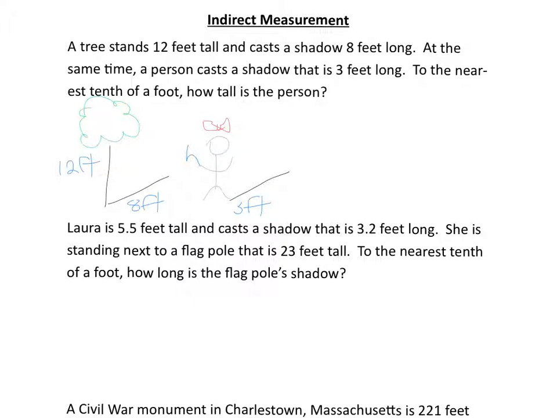So we took that information, and now most people would set up this proportion 12 over 8 and 3 over x, because all you're going to see is feet, feet, feet. So you have to pay attention to units like tall and long, or you have to think about it in terms of you're dealing with tall and shadow.